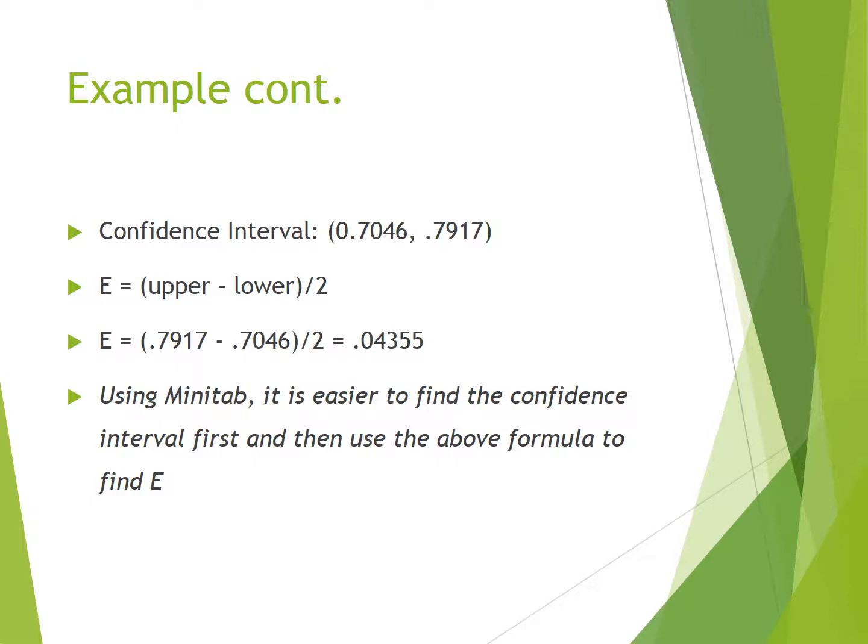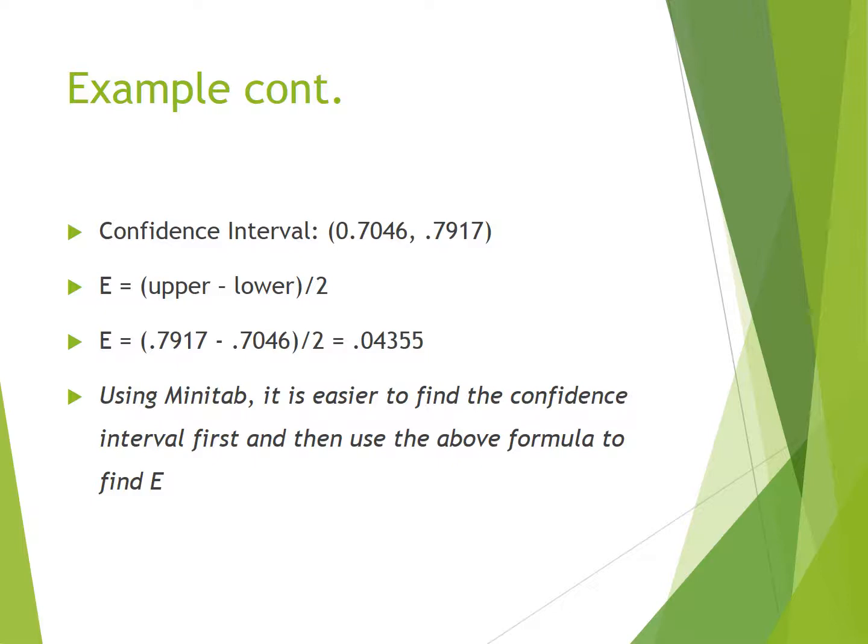Now, if you want to find the margin of error using Minitab, the margin of error is half the length of this confidence interval. So if I take 0.7917 minus 0.7046, that gives me the length of the interval, and I want half of it, so I divide by 2, and I get 0.04355.